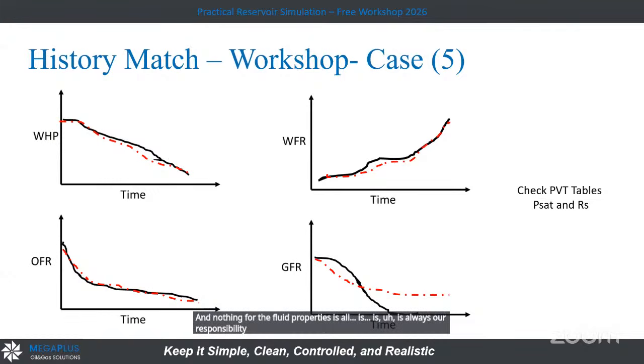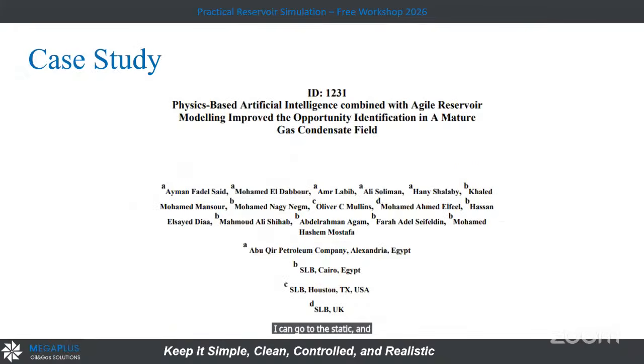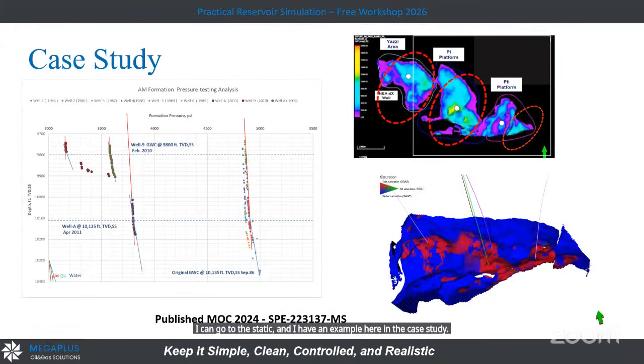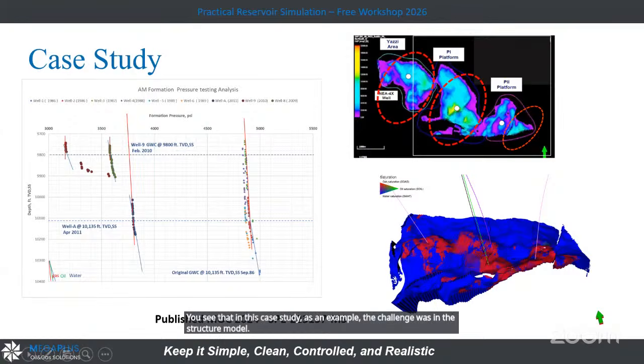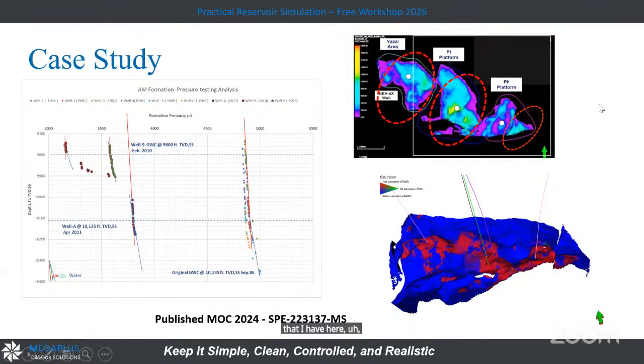But concerning the static, I have an example here in the case study. You see that in this case study, the challenge was in the structure model. Here I have an anticline, and here I have an anticline.